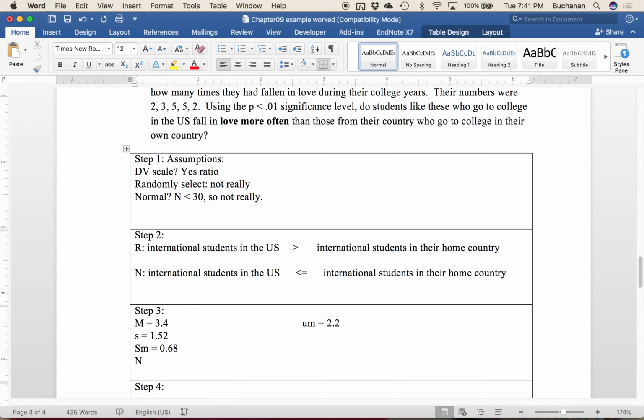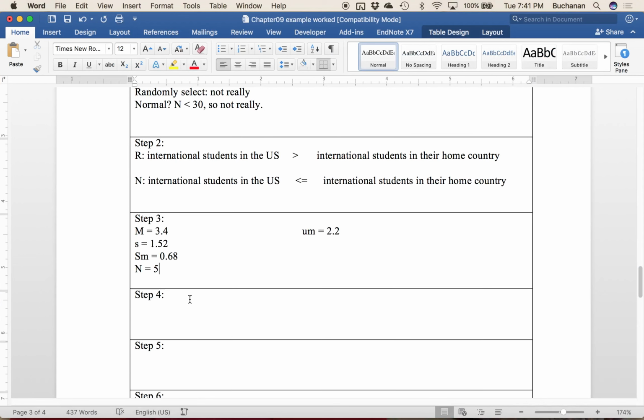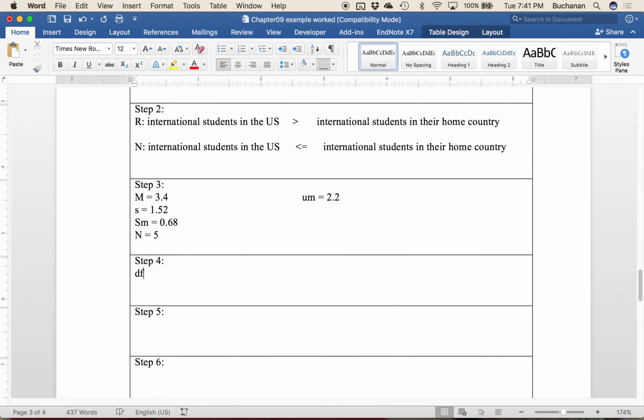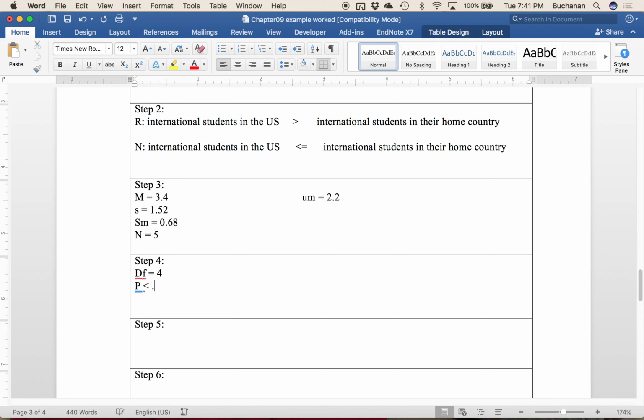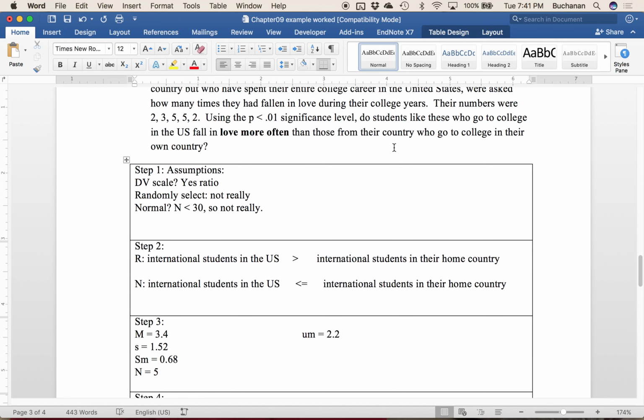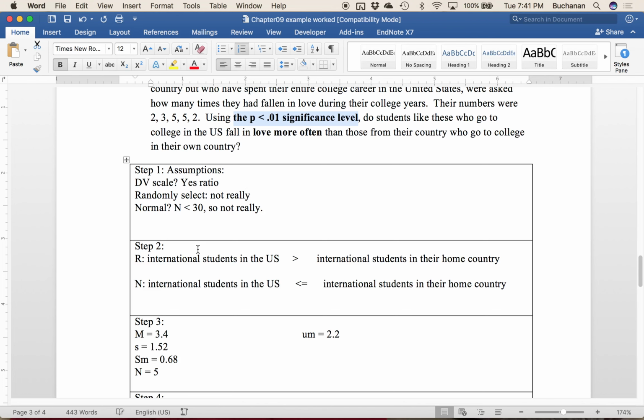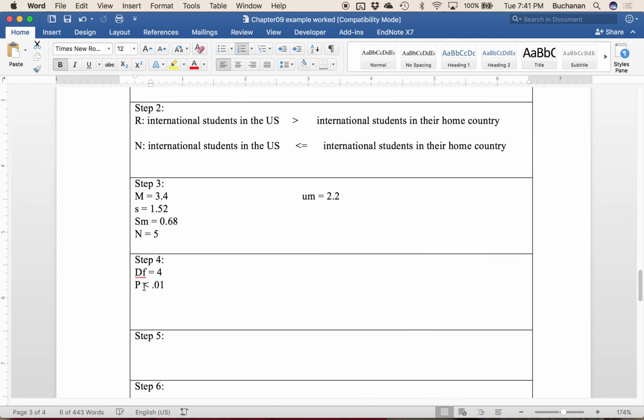Because that's 1.52 divided by the square root of 5, and we have 5 people here. So that makes our degrees of freedom 5 minus 1, which is 4. We're using a p less than 0.01 test from the problem here. And we have a one-tailed greater than test.